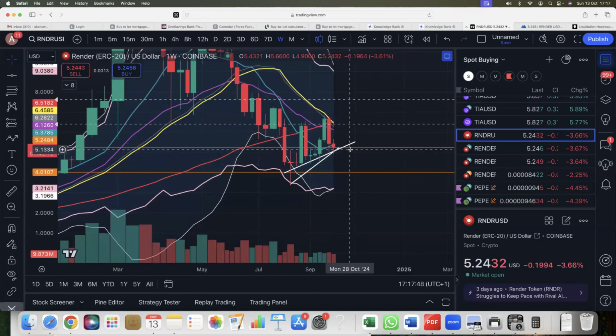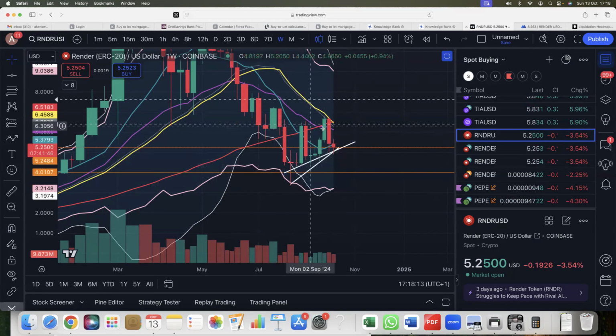So maybe 513, or if we come slightly lower, 475, maybe even 450, depends. These two boxes here, we will fall back into them before we go out.